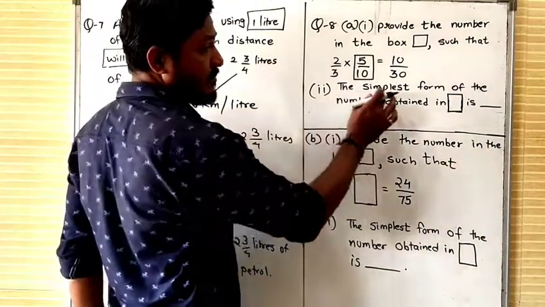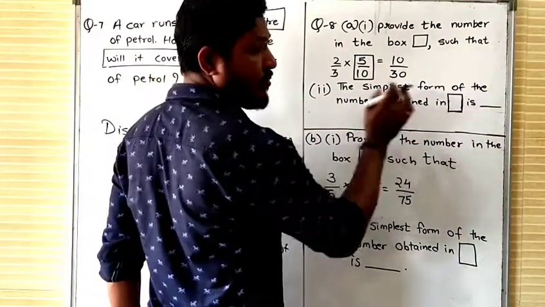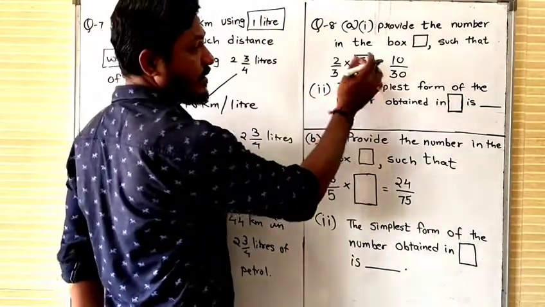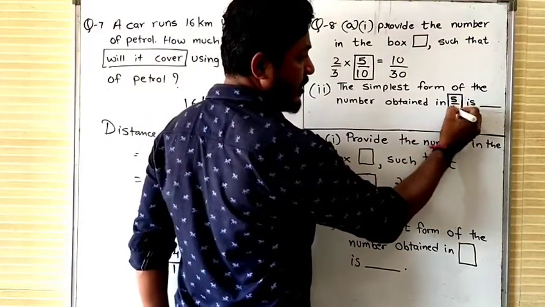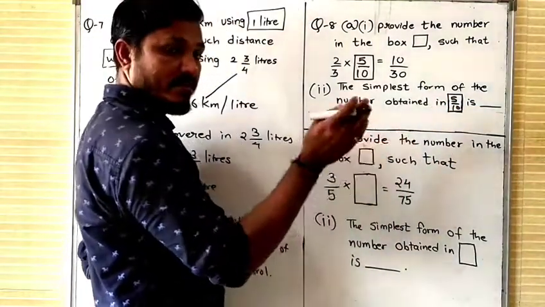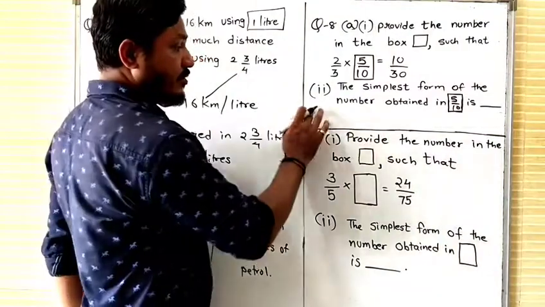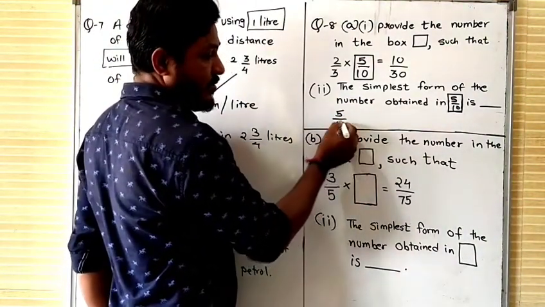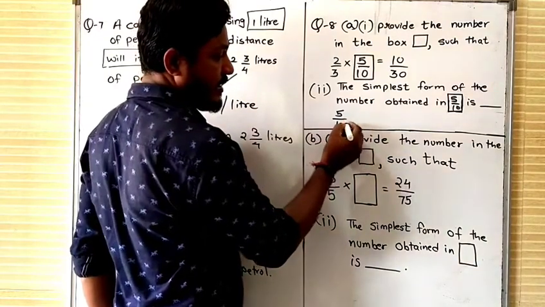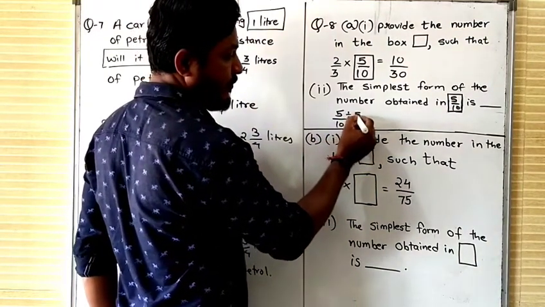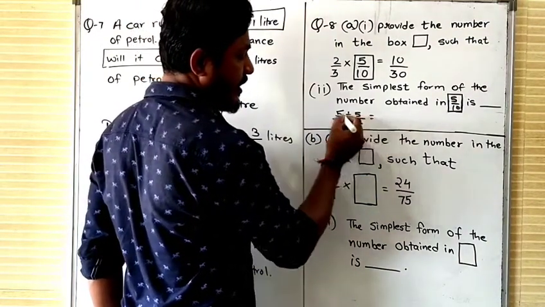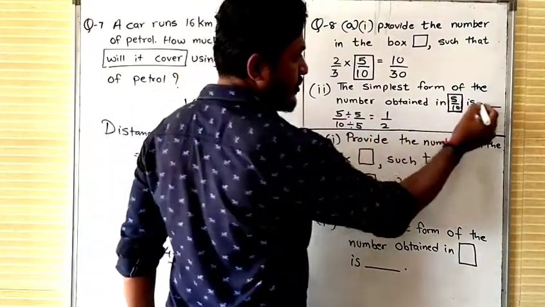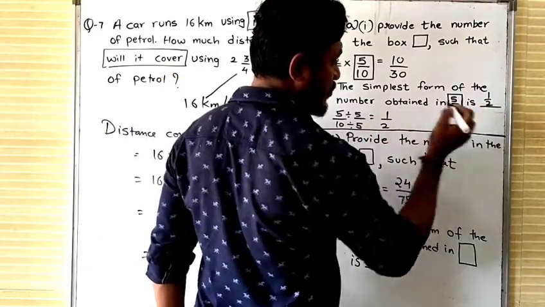Now dear student, the simplest form of the number obtained in the box means whatever the value you obtain in the box, that is 5 by 10, you have to convert it into the simplest form. Simplest form means you have to reduce the value if it is possible. So 5 by 10, yes, it is possible to reduce. So both values, that is 5 divided by 5 and 10 divided by 5, you are getting 1 by 2. So write down your answer 1 by 2.